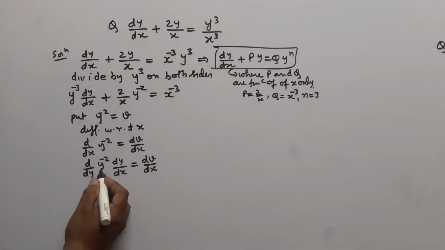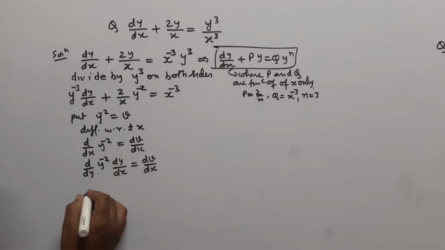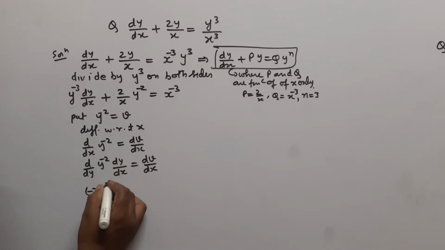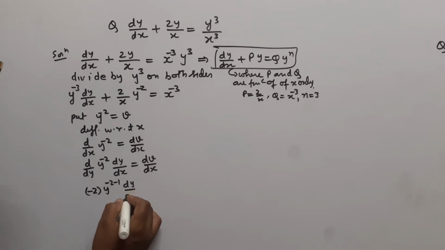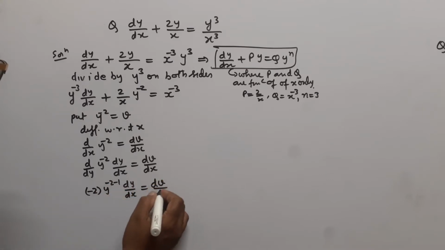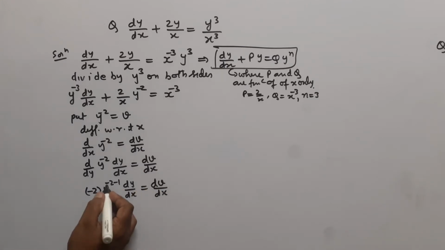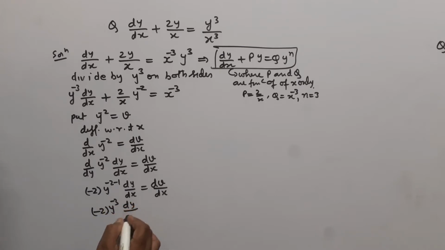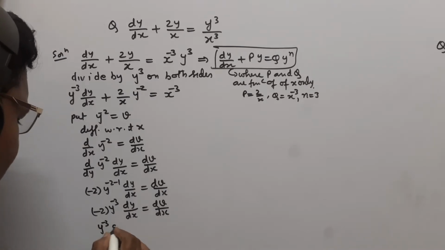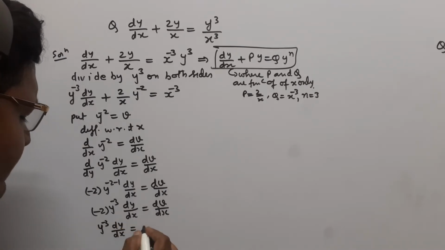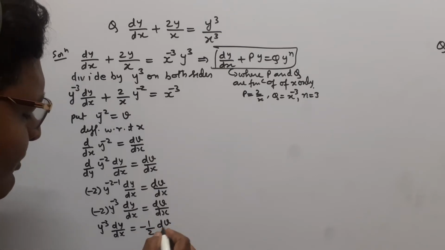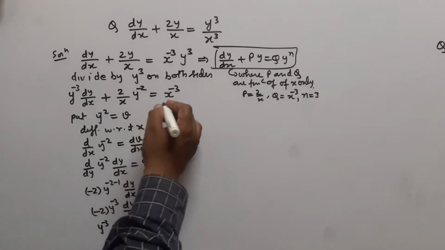When we differentiate y^(-2) with respect to y, it becomes -2y^(-2-1) dy/dx = dv/dx. Now this -2-1 is -3, so -2y^(-3) dy/dx = dv/dx. Now dividing by -2 on the right-hand side, y^(-3) dy/dx = -1/2 dv/dx.